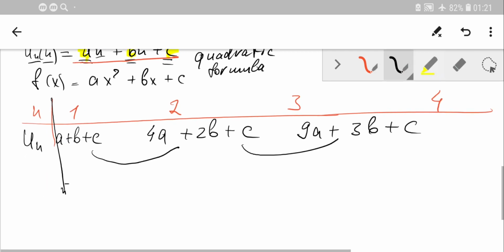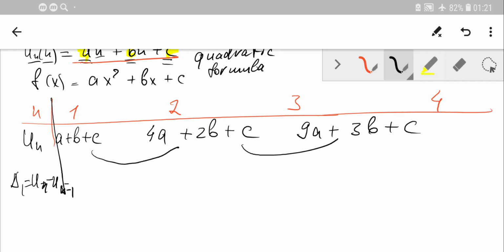So we need to take the next term, un, and subtract the previous one, un minus 1. So basically in this case, it's u2, u1, and u3. So we need to figure out the difference.